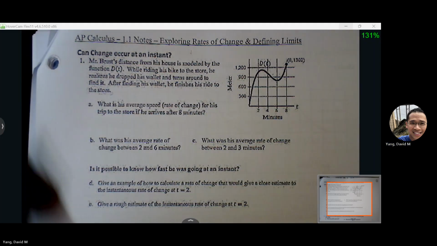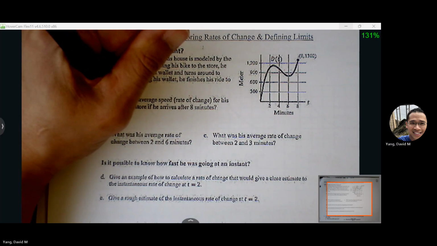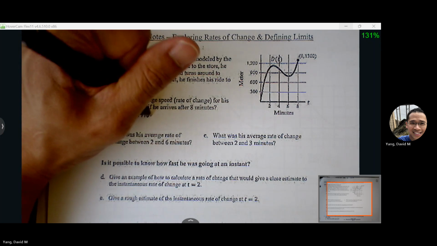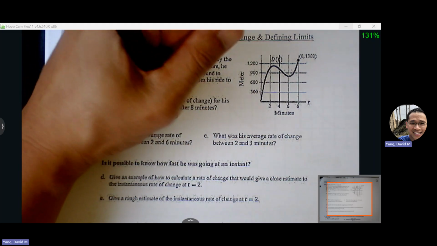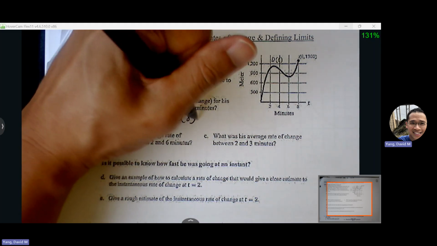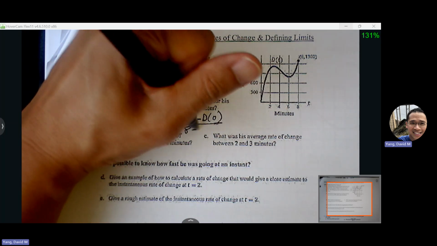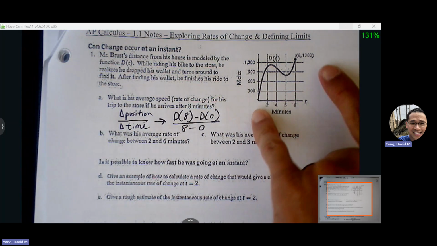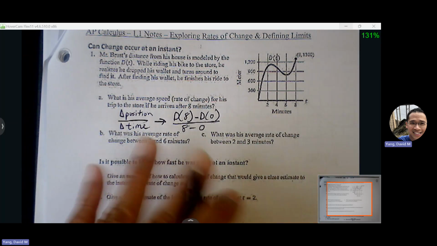So change in position divided by the change in time. So I can say d of 8 minus d of 0 over 8 minus 0. d of 8 minus d of 0 will tell us how much distance he's covered, and 8 minus 0 will just tell us how much time has passed.